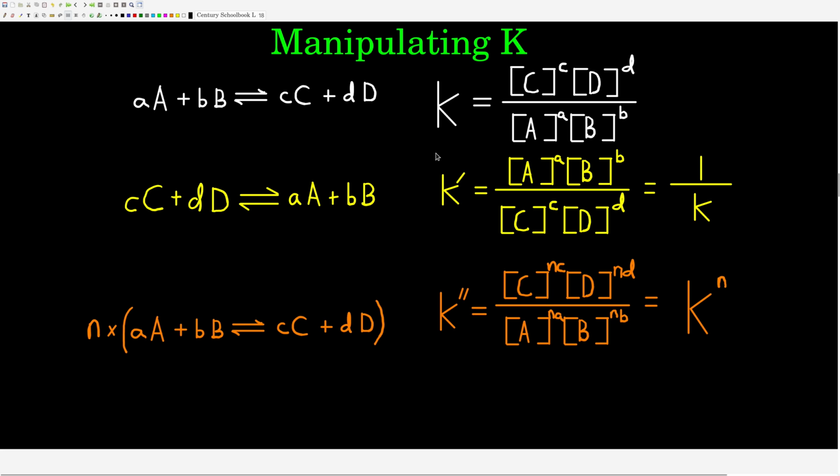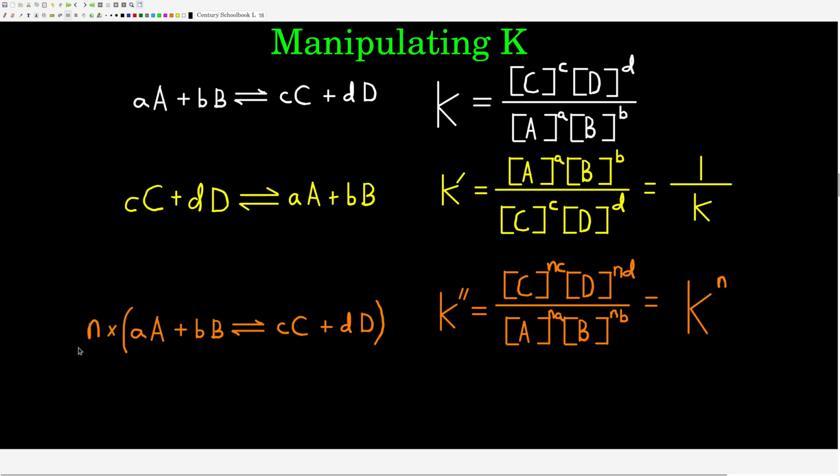So if this is K prime, we just use prime to distinguish the different K's. It's just going to be equal to the products A, B over reactants C and D, which is just 1 over this. So when we reverse an equilibrium reaction, we invert the K, 1 over the original K.